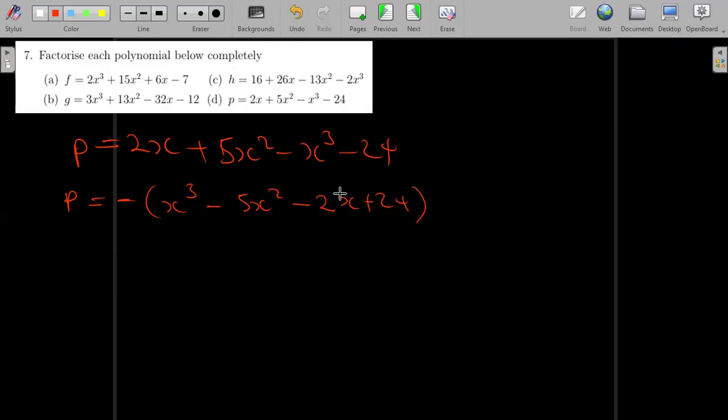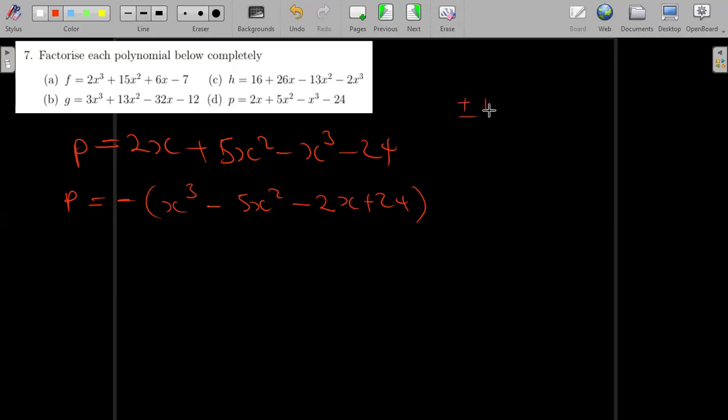Then using the rational root theorem, for my quotient, this which is inside, I'm going to find a root which I'm going to test. Of course, I see that there's 24 here, so it means the factors of 24.